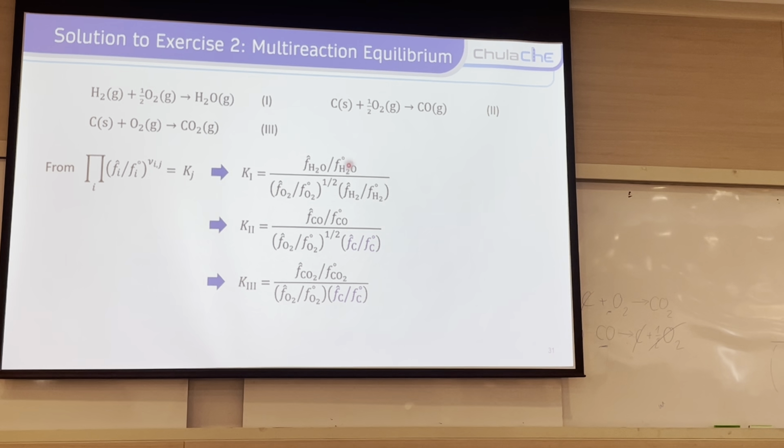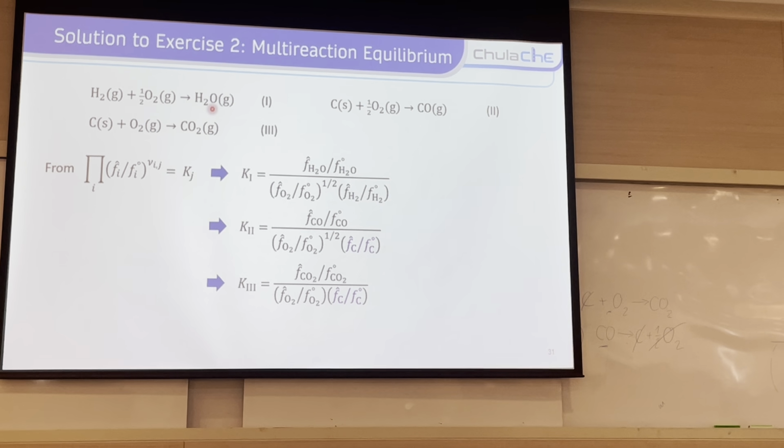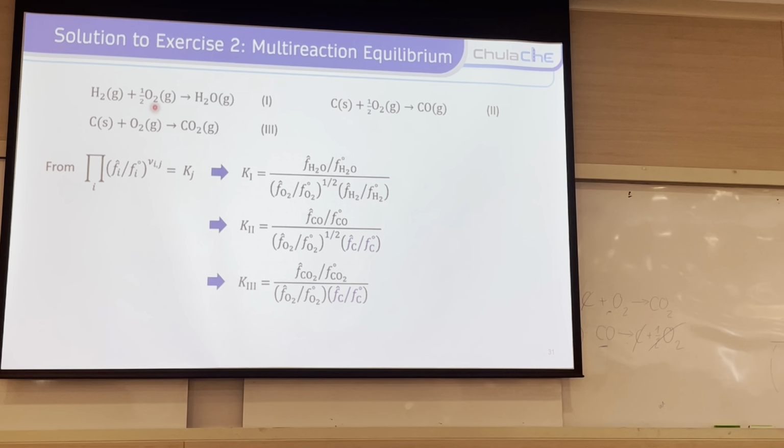The first reaction is the fugacity of water divided by the fugacity of oxygen and hydrogen. Don't forget to raise to the power of the stoichiometric number of that species as well. So in this case, the oxygen here should be raised to the power of 0.5.